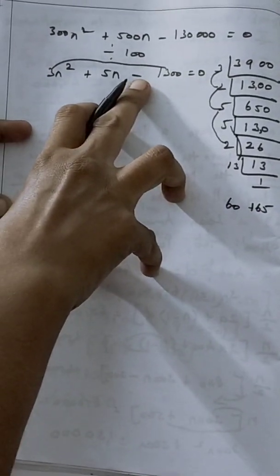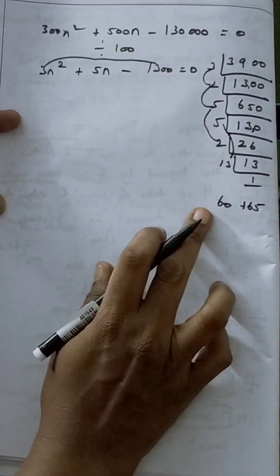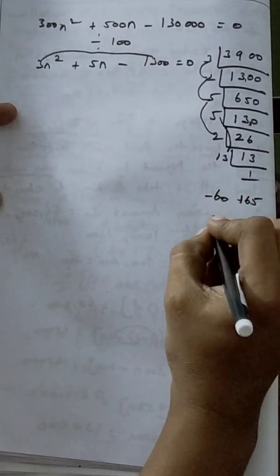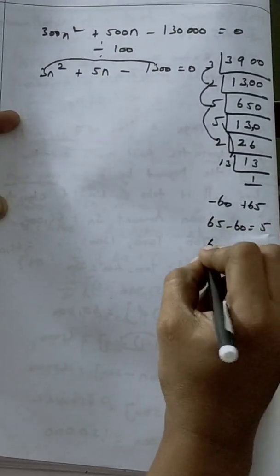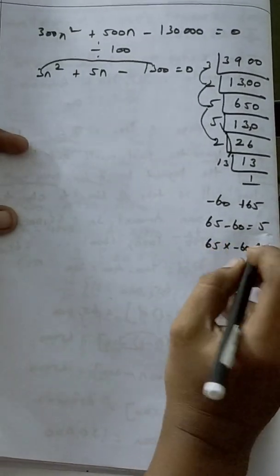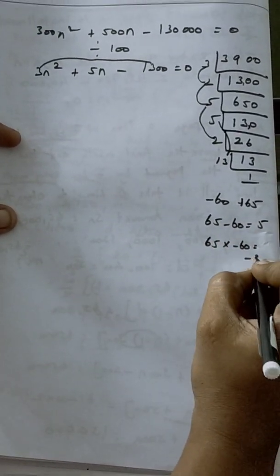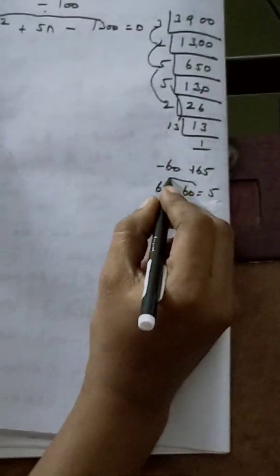The product of the terms is minus and the middle term is plus, so apply the minus symbol to the small number. So 65 minus 60 equal to plus 5. 65 into minus 60 equal to, so what is the answer? Minus 3900.